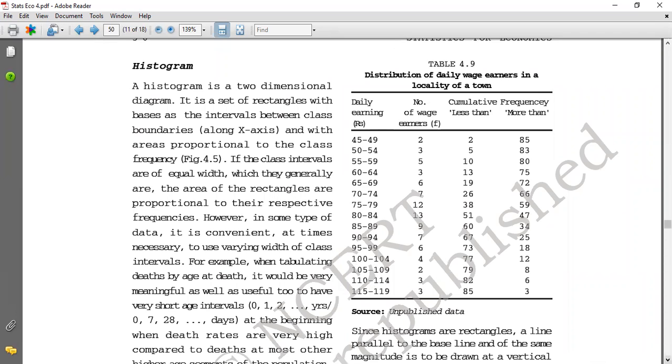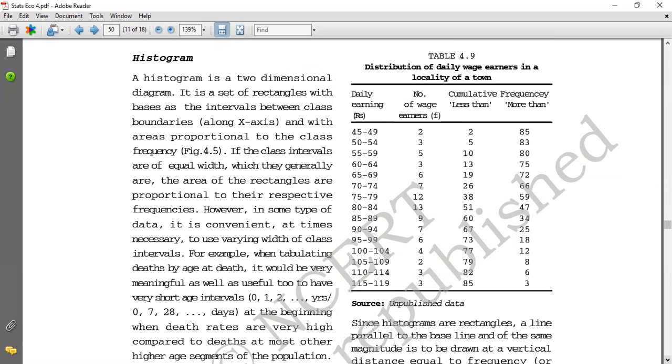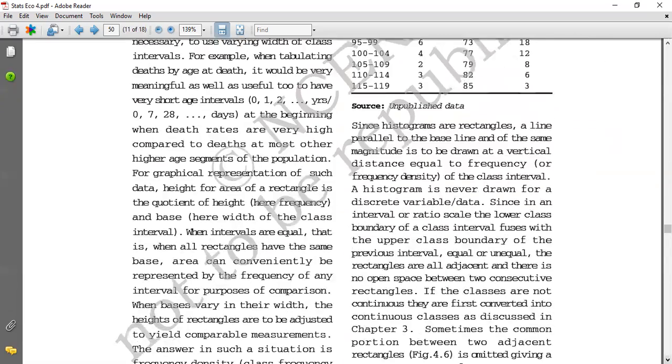Let us discuss the line frequency graph, used to depict the discrete series. In its construction, the values of a variable are measured on the x-axis and the corresponding frequencies on the y-axis. And this will be helpful to make them easily.